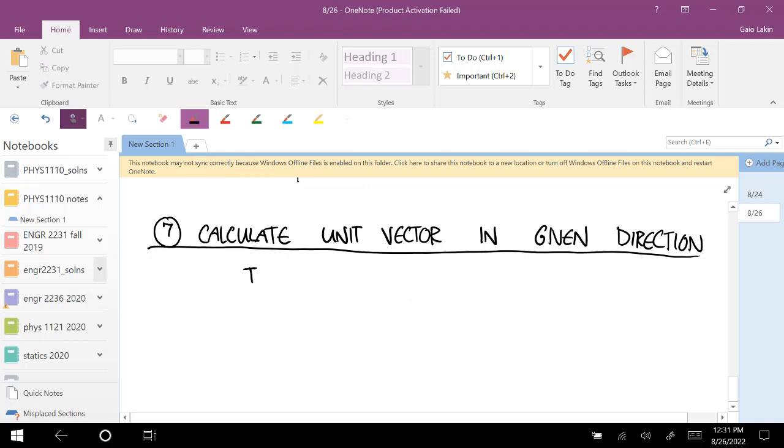There's two ways to calculate this, and largely which one you use is determined by whether you're working in 2D or 3D for the problem you're in.